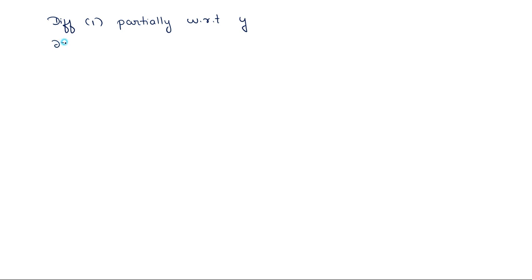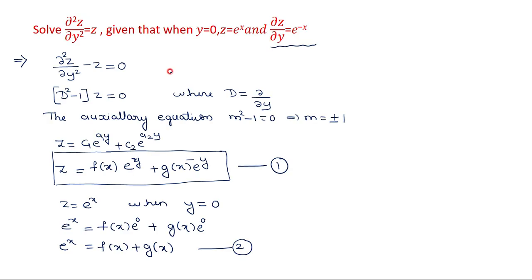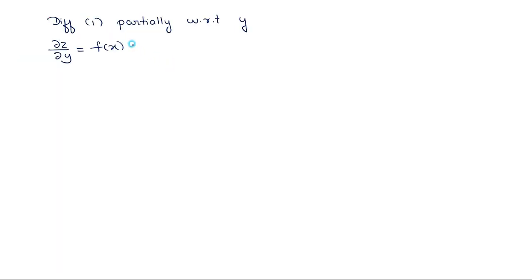So ∂z/∂y = f(x) is constant, the differentiation of e^y is e^y. Here g(x) is constant, the differentiation of e^(−y) is e^(−y) into minus 1. So this is ∂z/∂y = f(x) e^y − g(x) e^(−y).